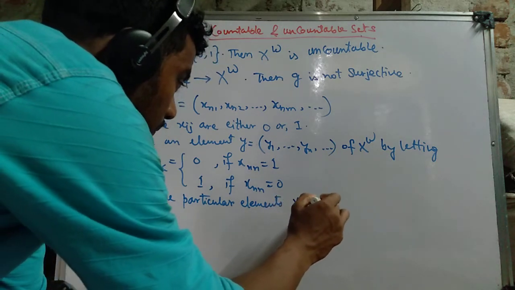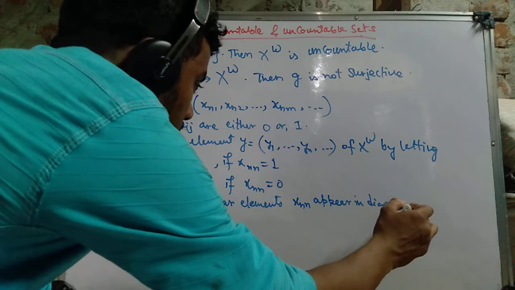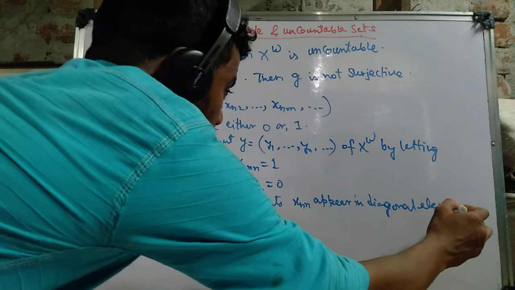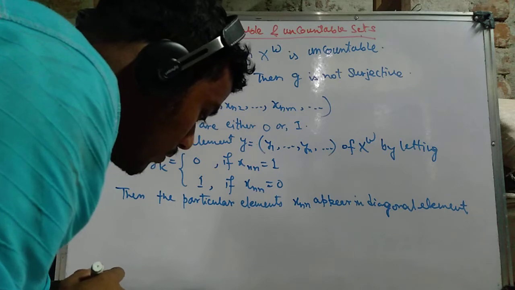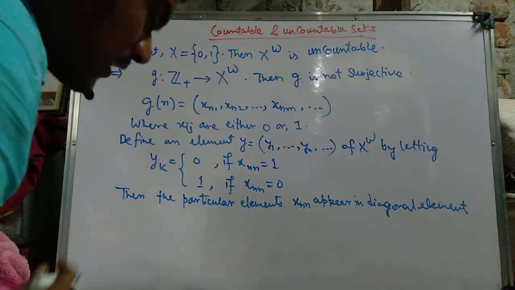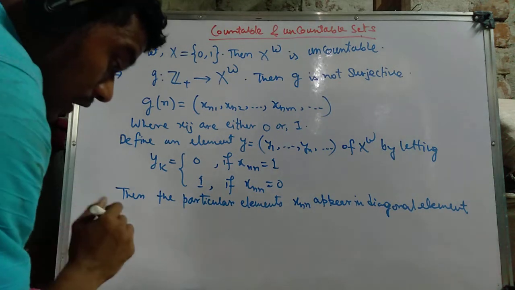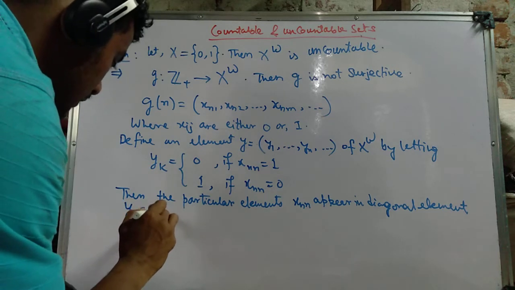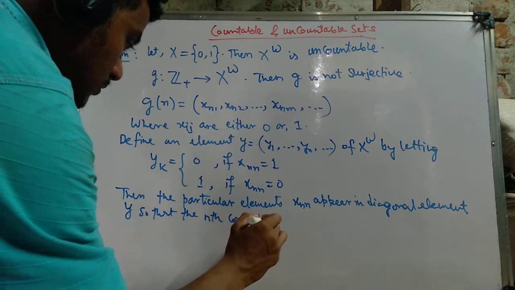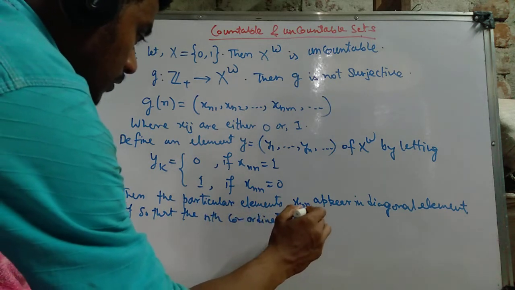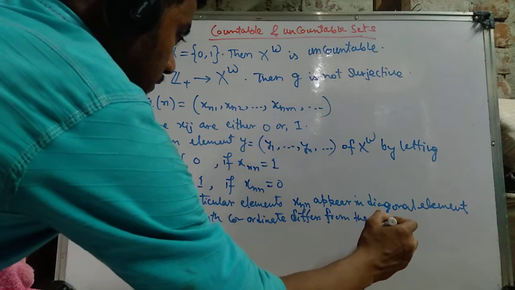Now y is chosen so that its nth coordinate differs from the diagonal entry.